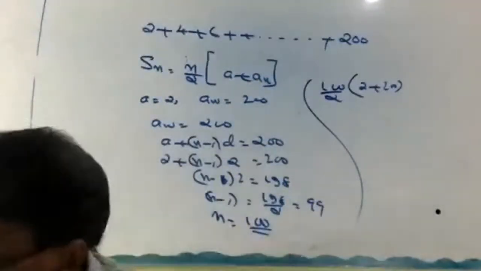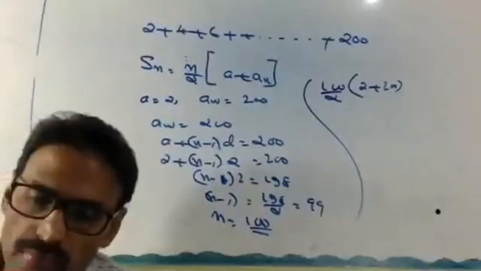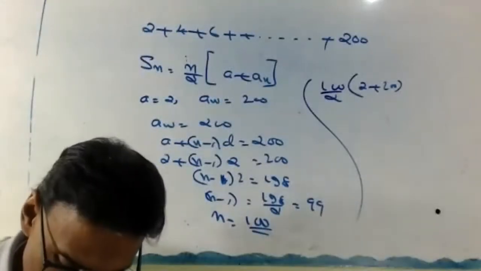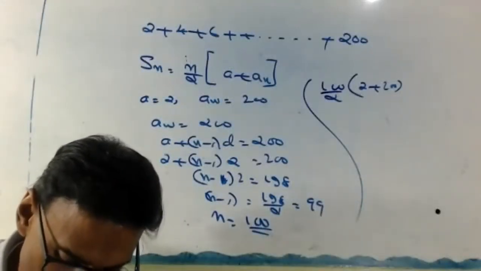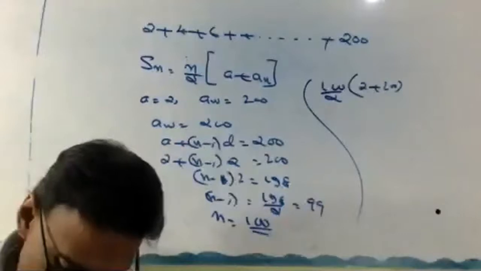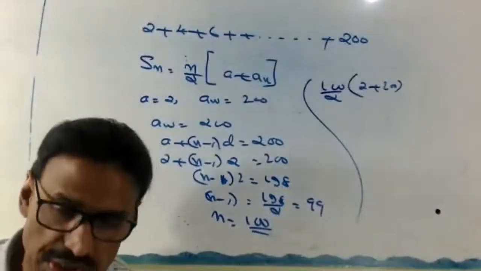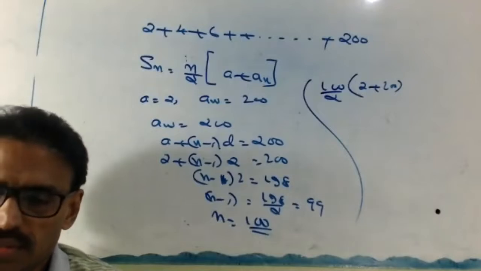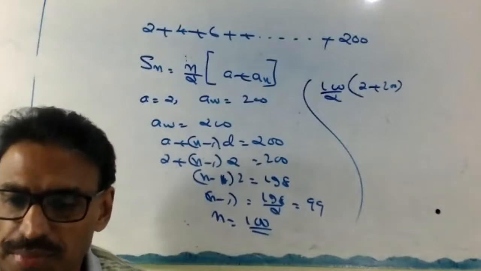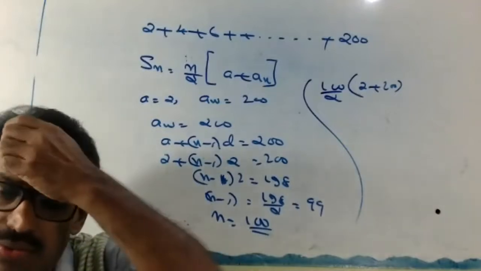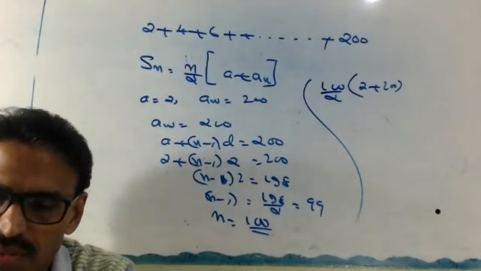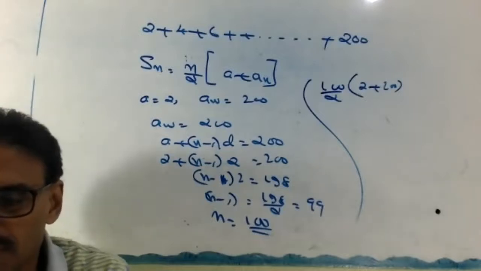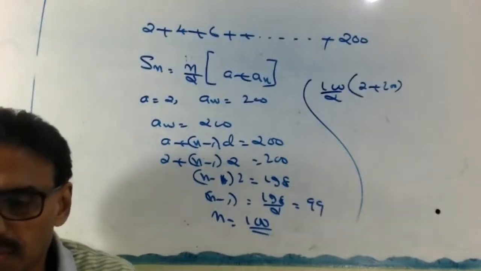Okay, finish. Answer is 100. Here also you made a mistake. 200. How? Gavri, you got?